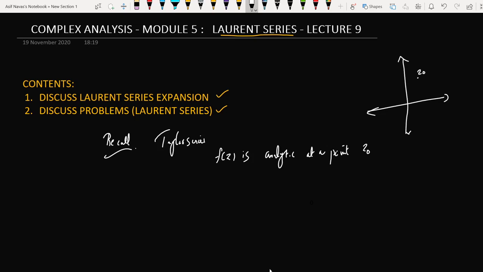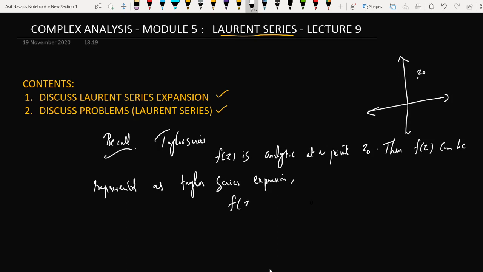Then if f of z is analytic at a point z naught, then f of z can be represented as Taylor series expansion. So that is f of z equal to the sum n equal to 0 to infinity of f nth derivative at z naught divided by n factorial, z minus z naught all power n.